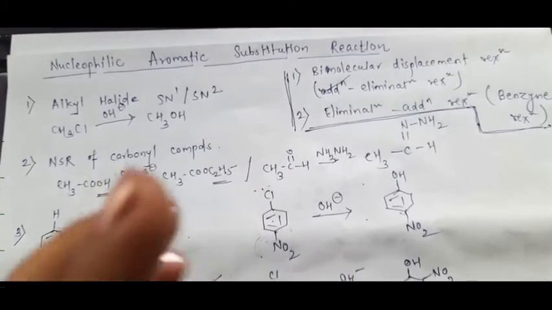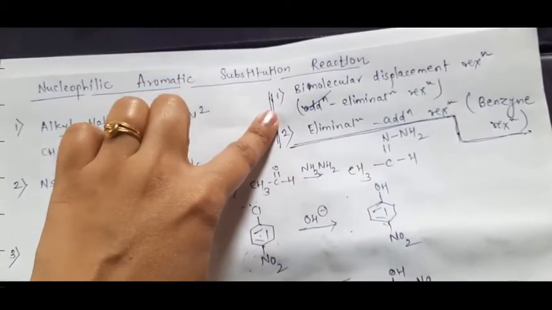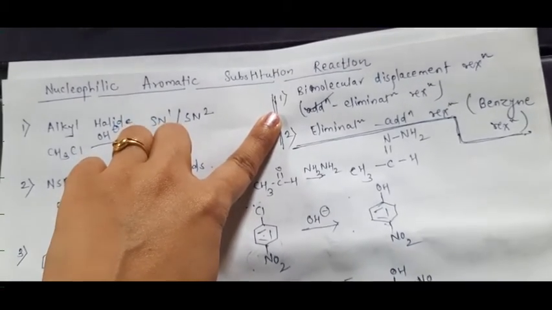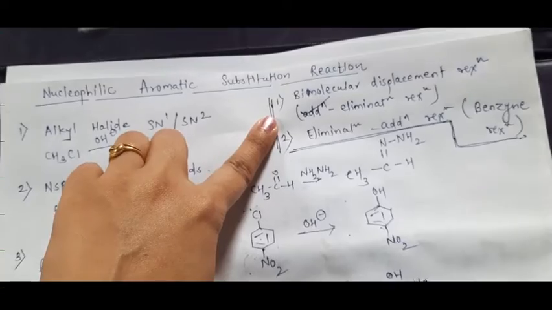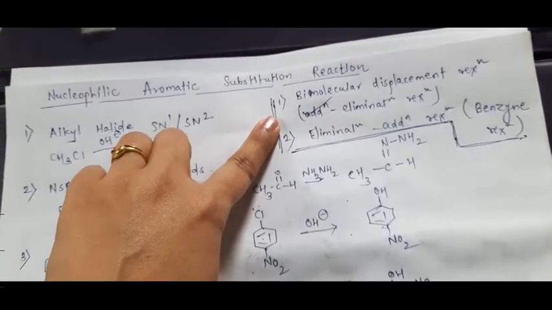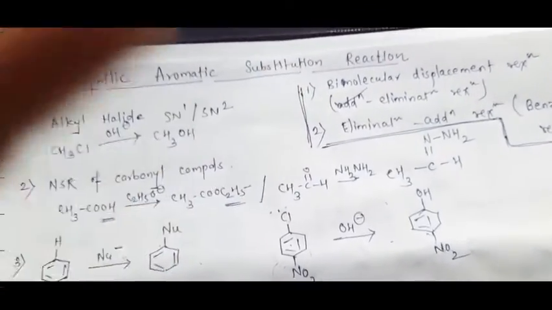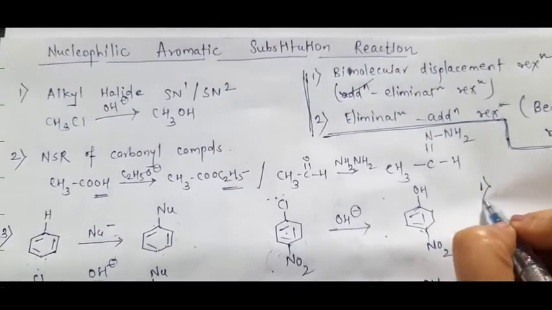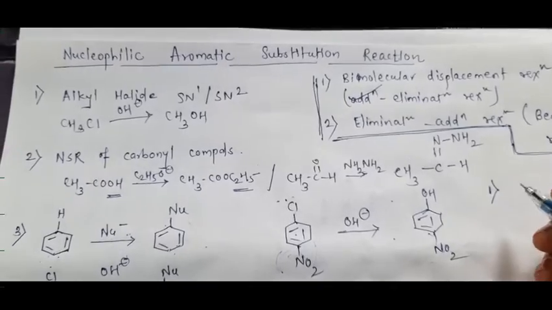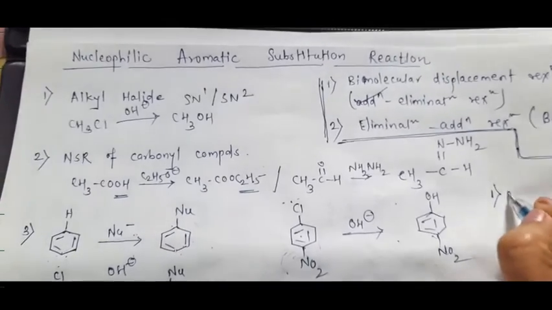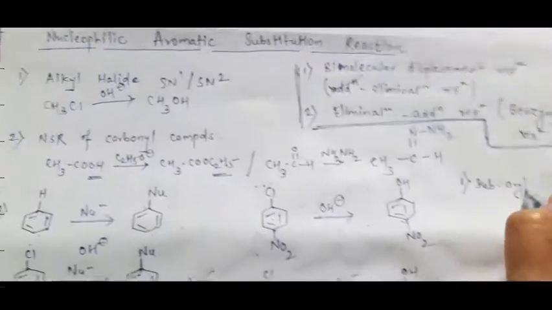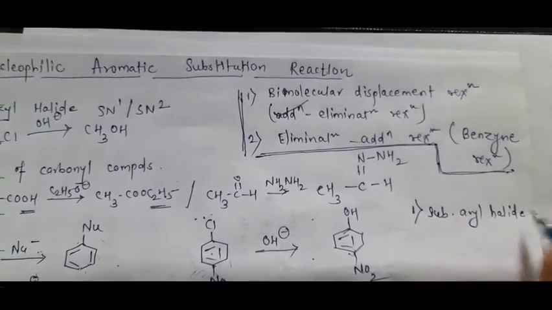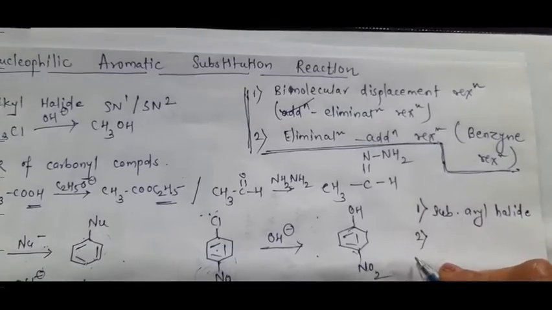Number one, the bimolecular displacement reaction will be given by a substituted aryl halide. Here in this case, it is substituted chlorobenzene. First thing, I have to have a substituted aryl halide. Now what about this substitution?